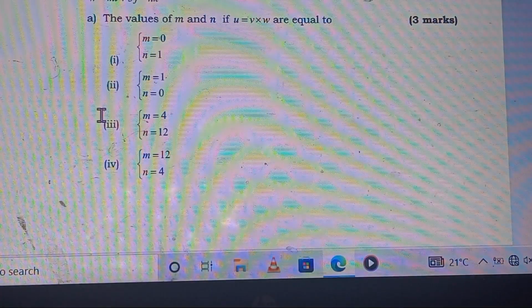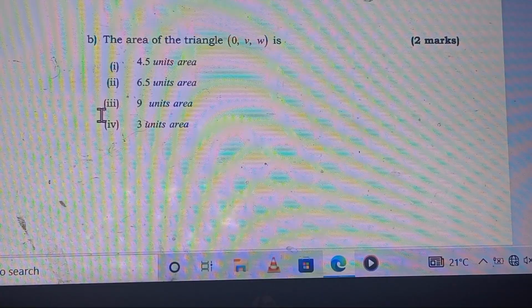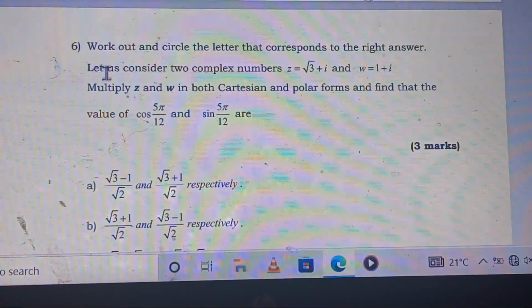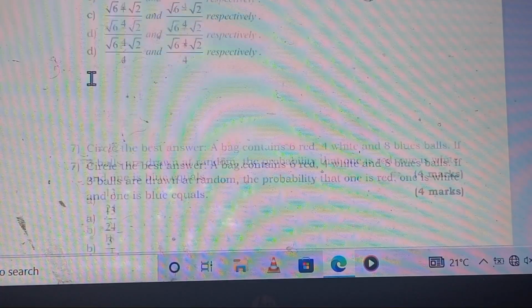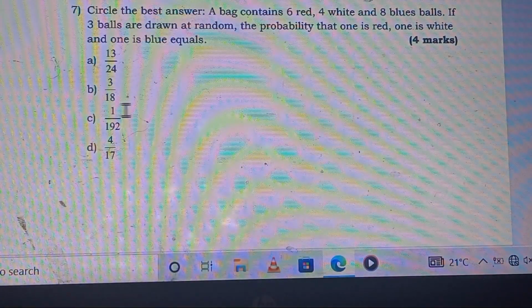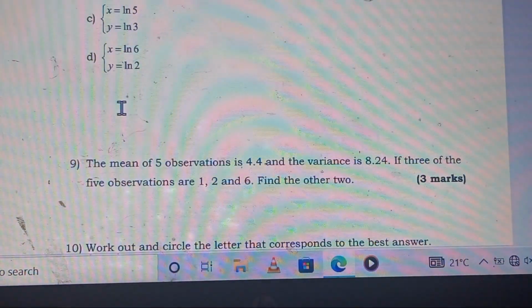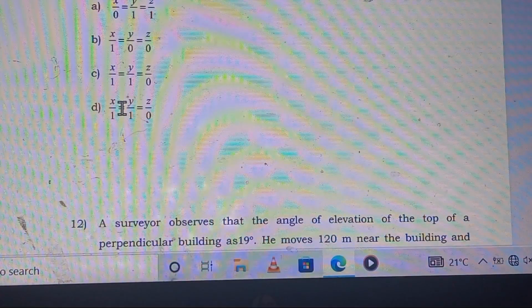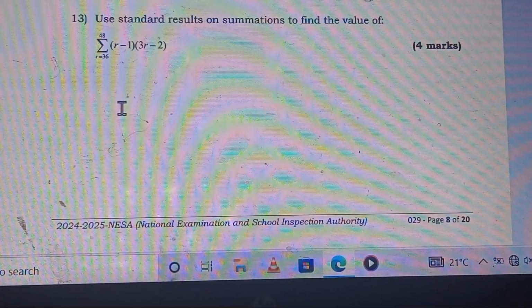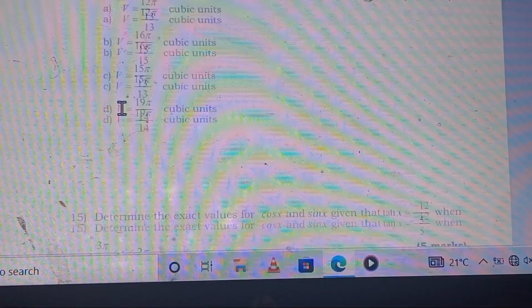Also it consists of A, B, and then question number 6, where you choose the correct answer. Then question number 7, also choose the correct answer. And question numbers 8, 9, 10, 11, 12, 13, 14, 15.